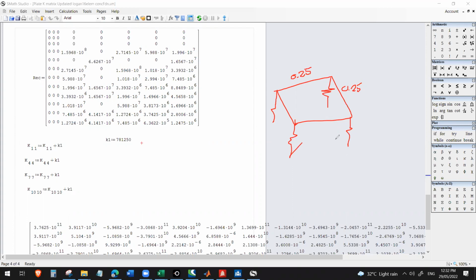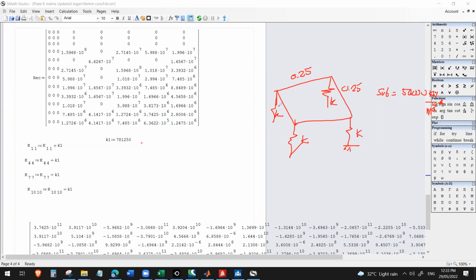Spring. And for the subgrade modulus, we need to find its K. The subgrade modulus, I'll just put 50,000 kilonewton per cubic meter. So we multiply by area.